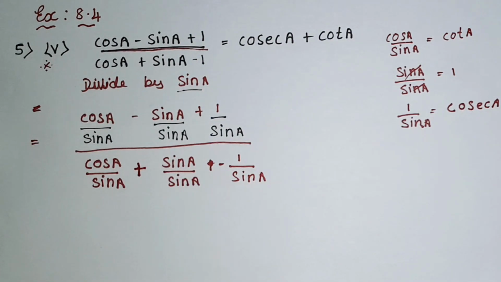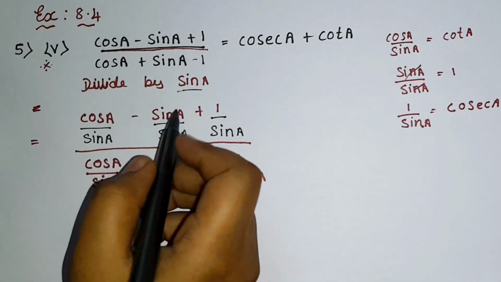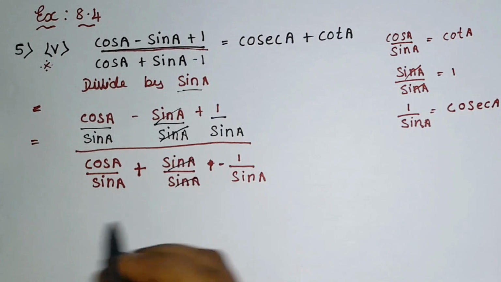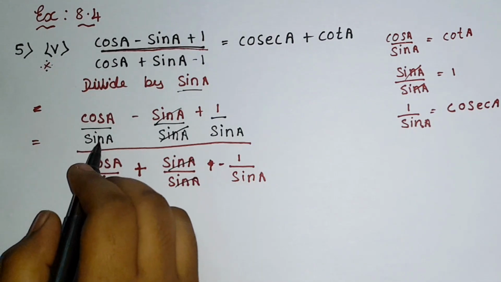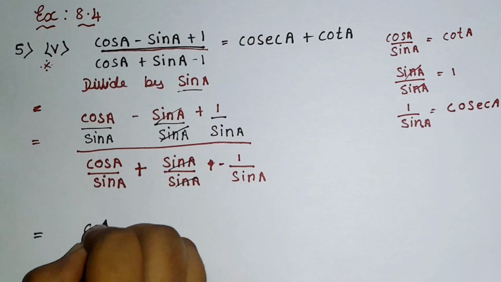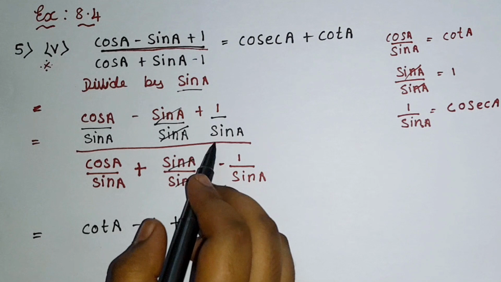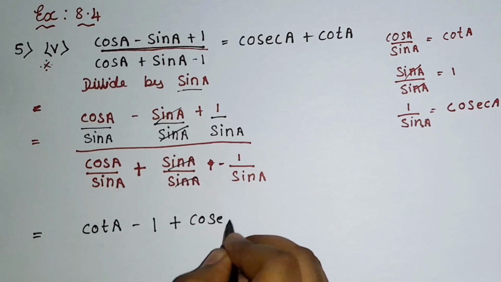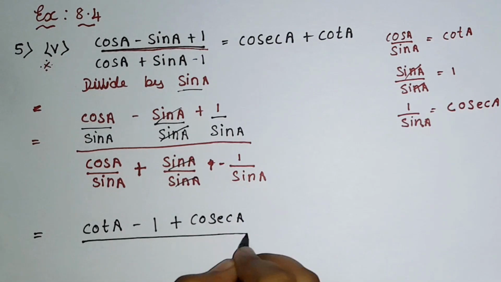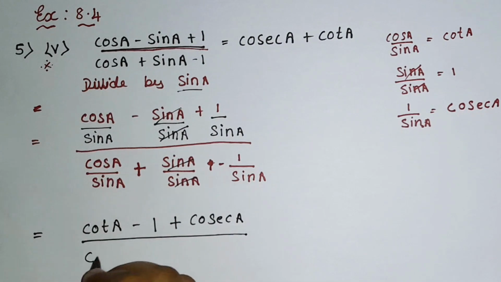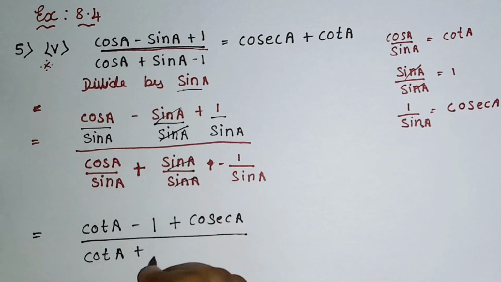Now we are supposed to cancel sin A with sin A. When we cancel, cos A divided by sin A is cot A, and then minus 1 plus 1 divided by sin A is cosecant A, divided by cot A, plus, even signs are really important. Cancel 1, and then minus 1 divided by sin A is cosecant A.